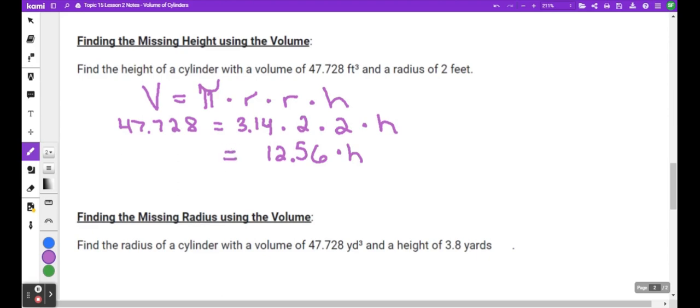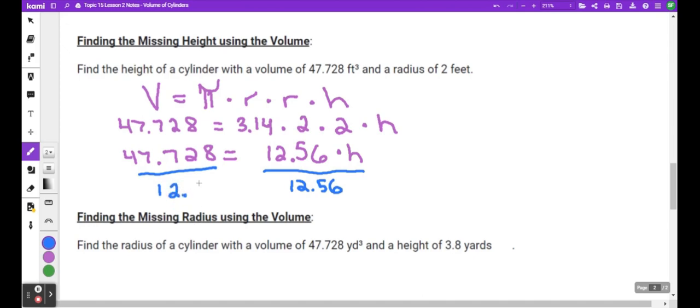On the left-hand side, we still have 47.728. And very similar to topic 5, I'm going to just solve this little multiplication equation. I see the h is being multiplied by 12.56. So I'm going to divide both sides by 12.56.